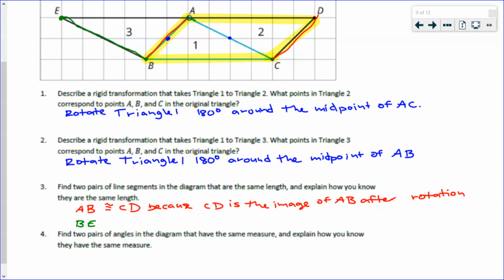But you've got the right idea. You're naming the right segment. I just want to be really, really precise in how we talk about that. BE and AC. BE is congruent to AC, and again, we can say the same thing because BE is the image of AC after a transformation, after a rotation specifically.